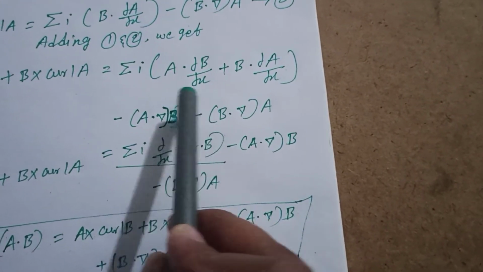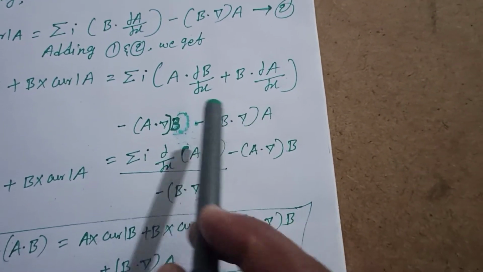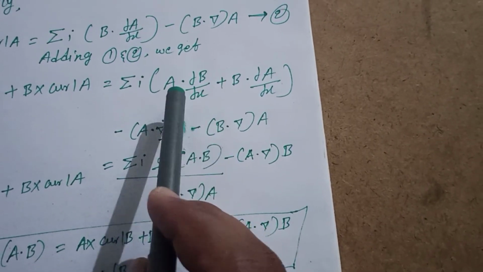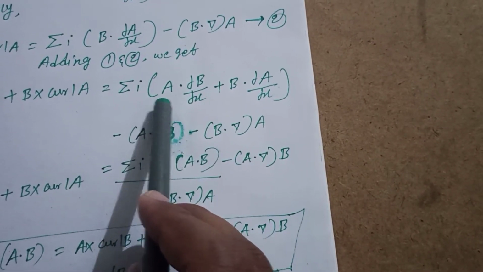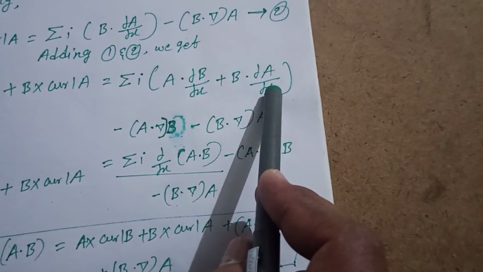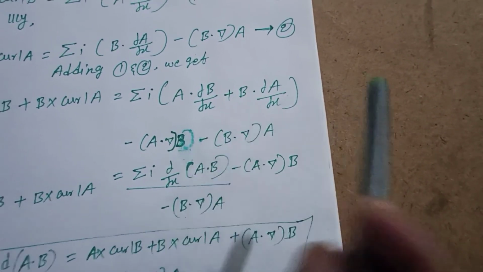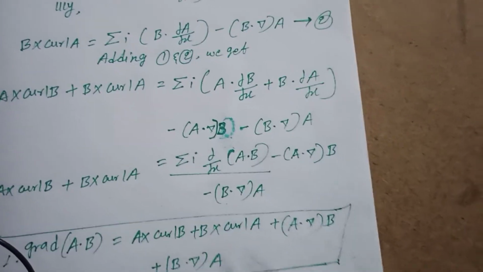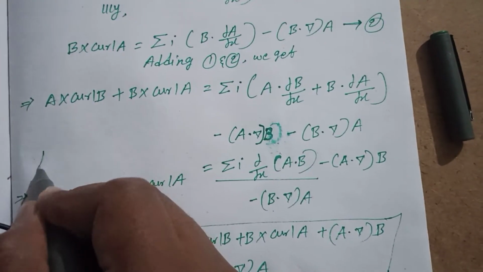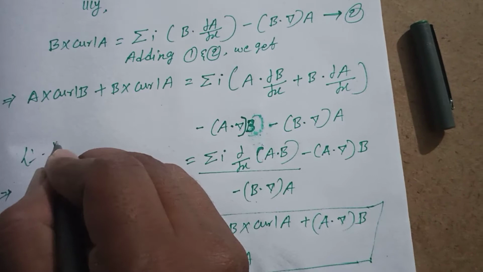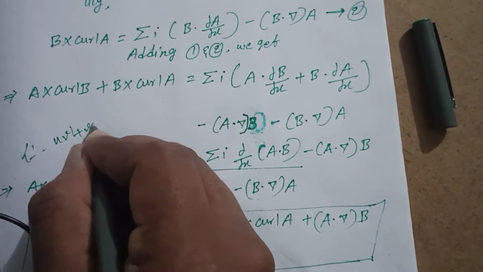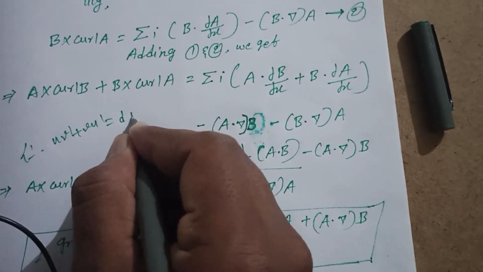See here, it is in the form of UV dash plus VU dash. So then we can write it as d of UV. Wait, I will write for you. UV dash plus VU dash can be written as d(UV).